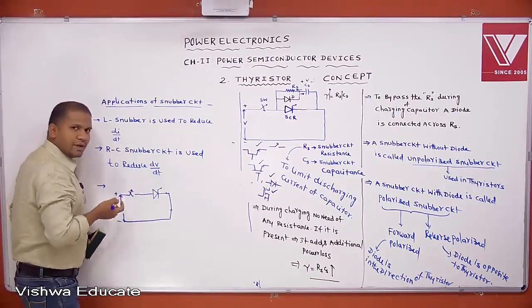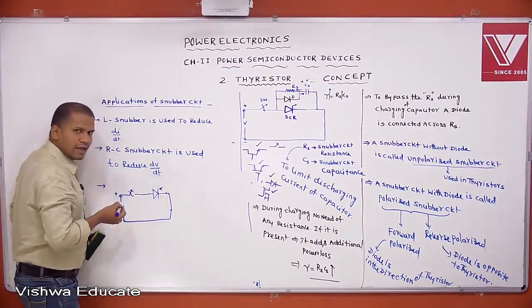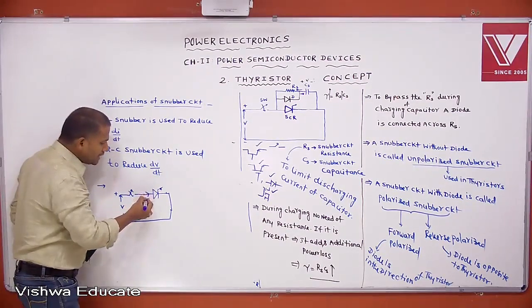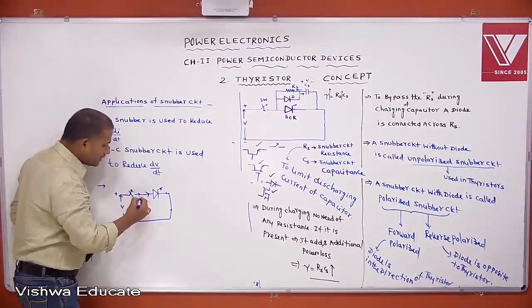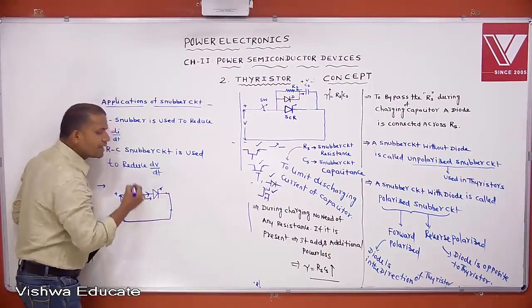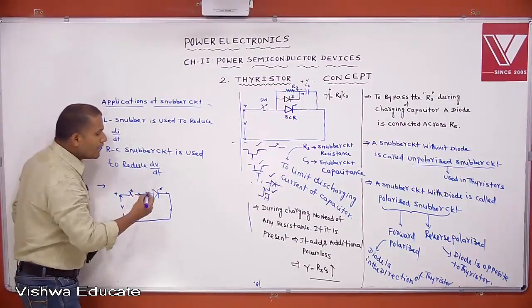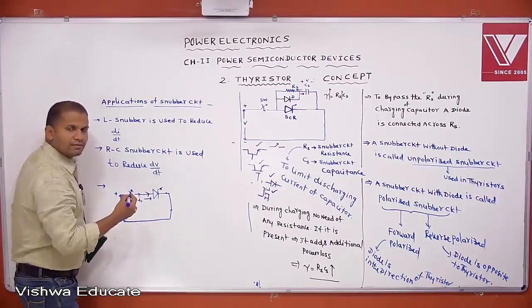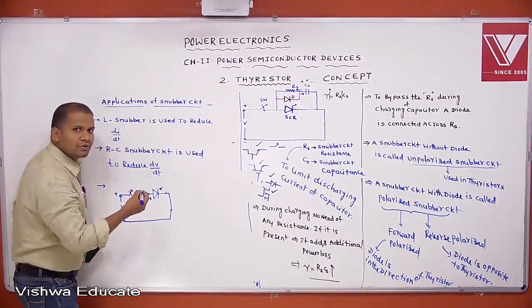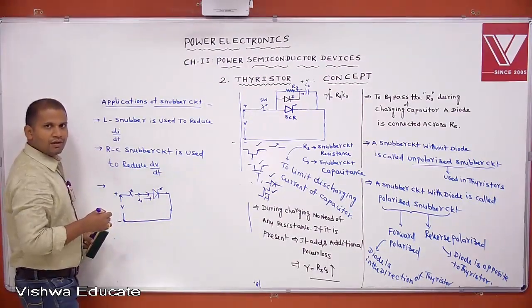For example, if the thyristor is triggered, the current I1 passes through the thyristor and it starts conduction. Once the current reaches the latching current IL, we can remove the gate signal.